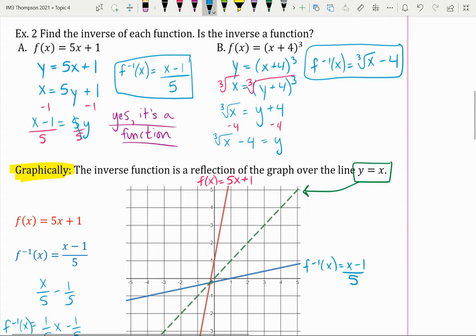All right, I'm going to leave this page and I'm going to go graph both of these functions in Desmos so we can look at what they look like. We haven't done a lot of graphing cubed roots by hand. We did a little bit of it.